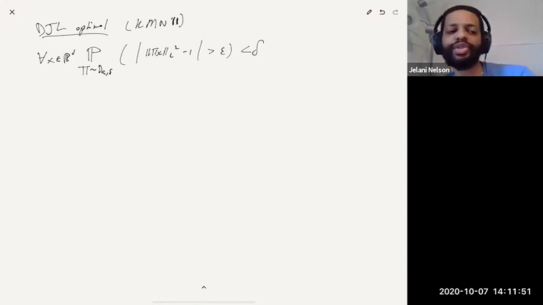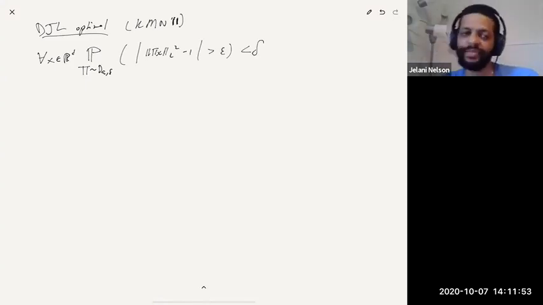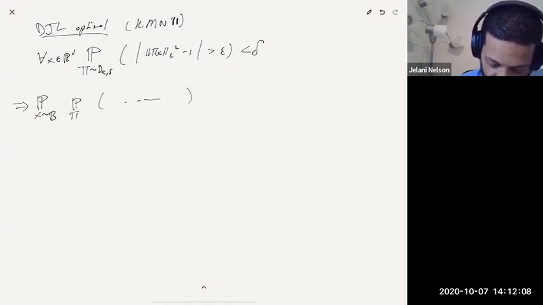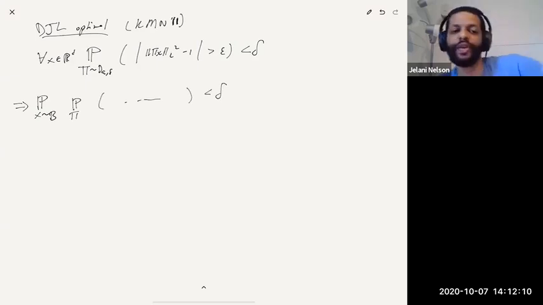Well, if it's true for all x, then it's certainly also true for a random x. So this implies that the probability over x coming from some distribution, let's call it B, and over pi of that same thing is less than delta. This is true for any distribution B.